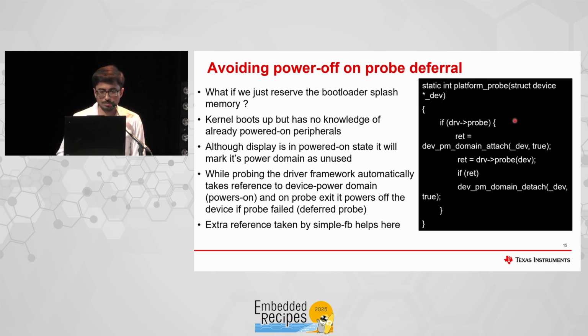If you see the platform probe code on how the kernel probes each driver, it will pass a device tree and call the driver probe, and while calling the probe of that display driver or any other driver, it will try to attach to the PM domain. This will power on the domain, it will take a reference to the power domain of the corresponding driver. Then it will call the probe of the driver.